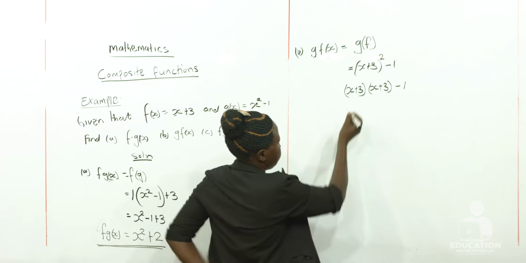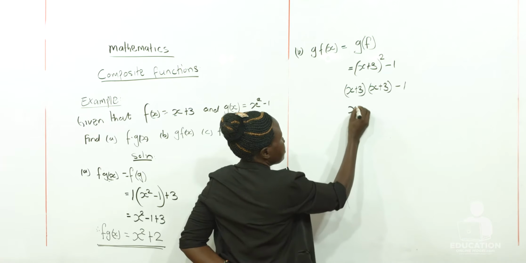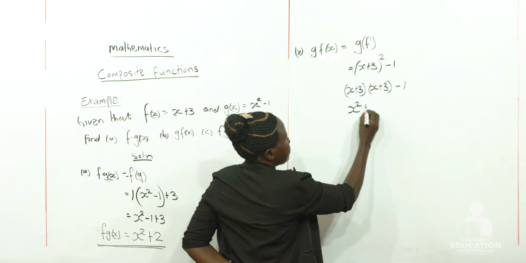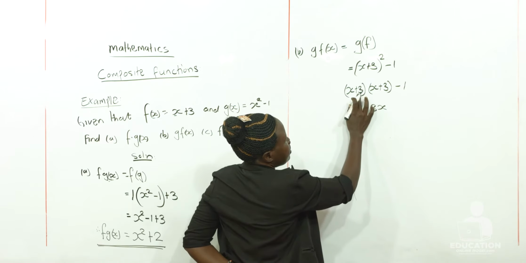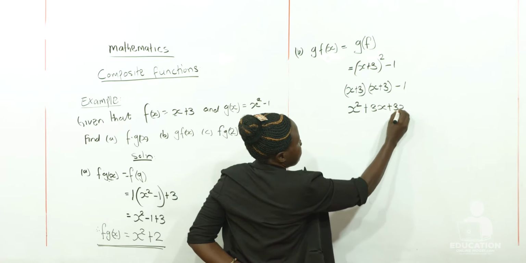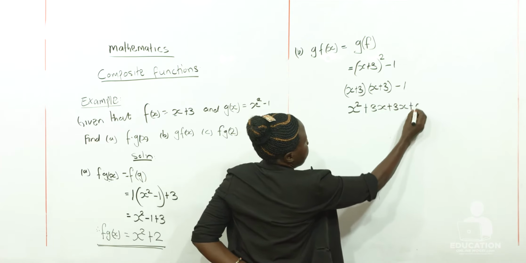When we multiply this, x times x gives us x square. And then x times 3, we get plus 3x. And then 3 times x, we get plus 3x. And then 3 times 3, we get plus 9.